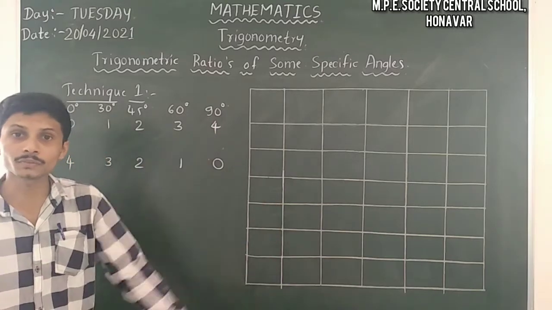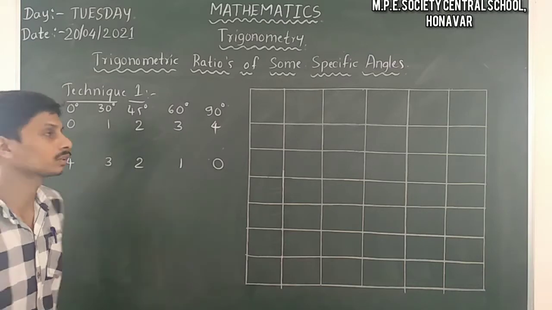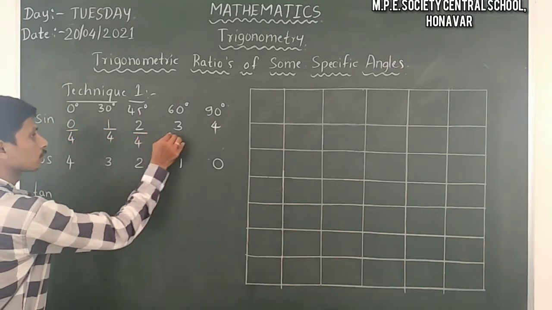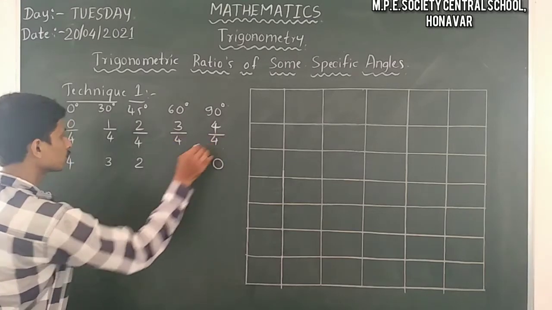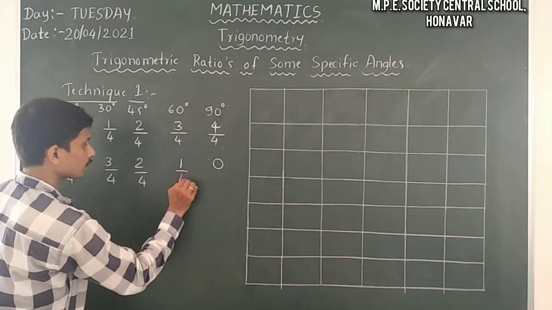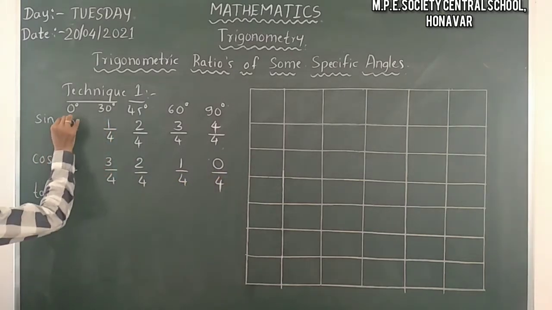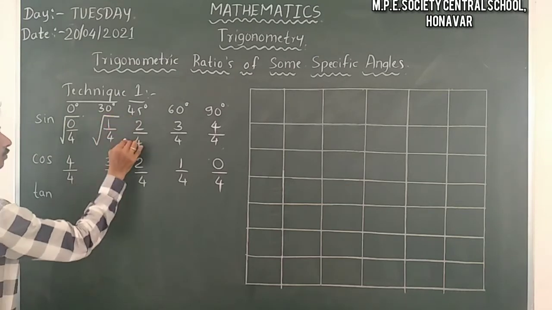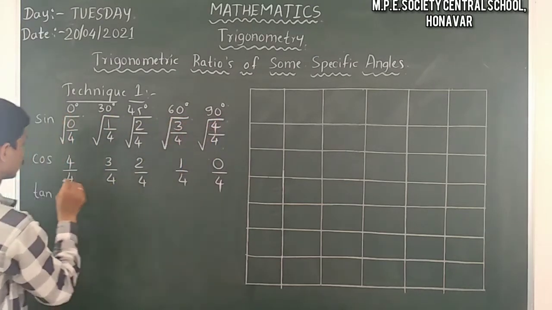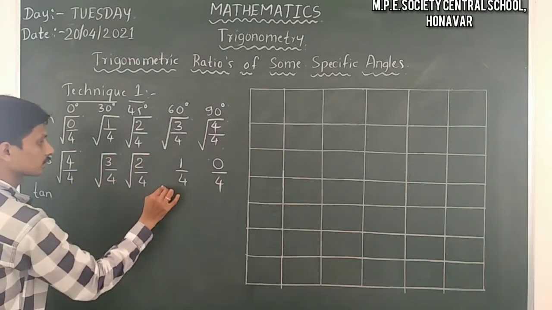For all these values we have to divide by 4. So in all the values we have to divide by 4, and then finally we have to take the square root of all the values.